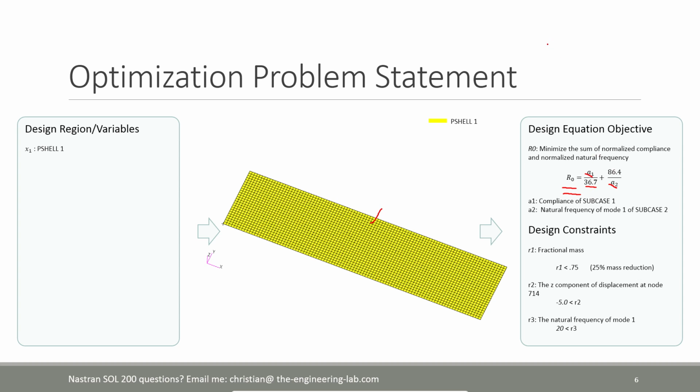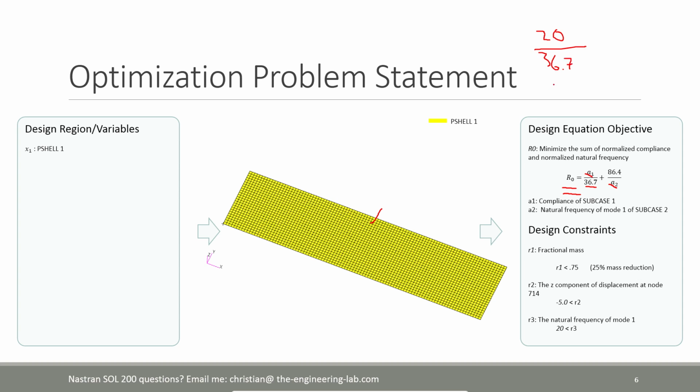If the compliance is minimized, for example, A1 becomes 20, and then the denominator equals 36.7.